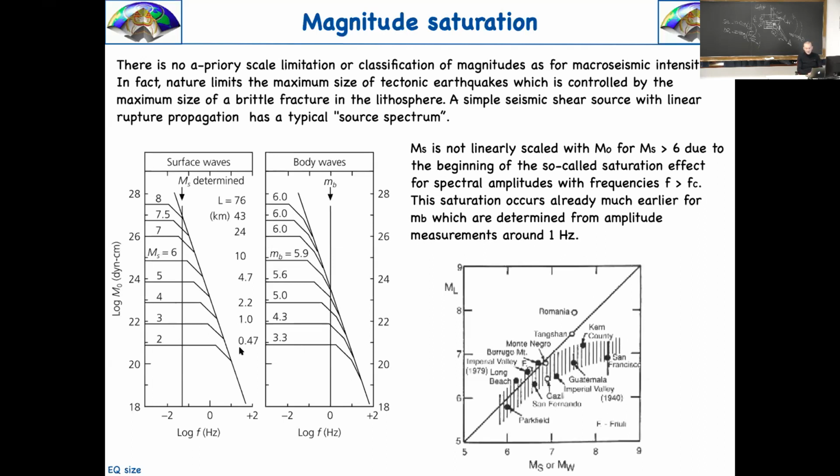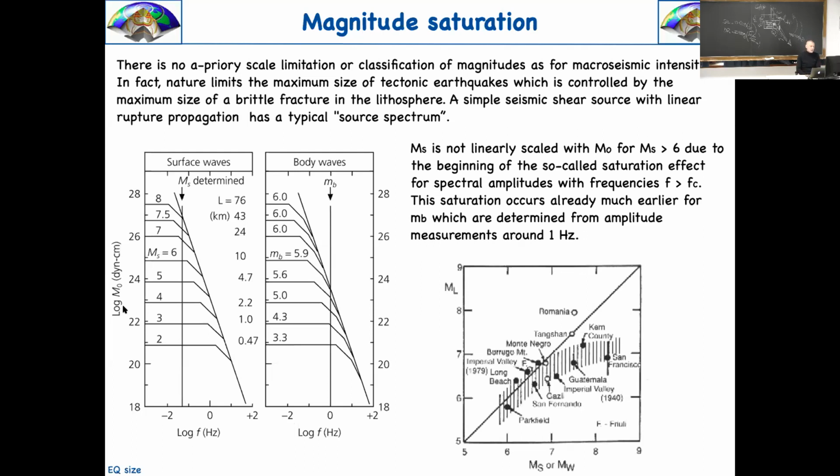Now, this is nothing else than a replot of the source spectrum, but now with a different view and a different labeling. Now you see the logarithm of frequency, the log of M0. Be careful about the units, I'm sorry for that.